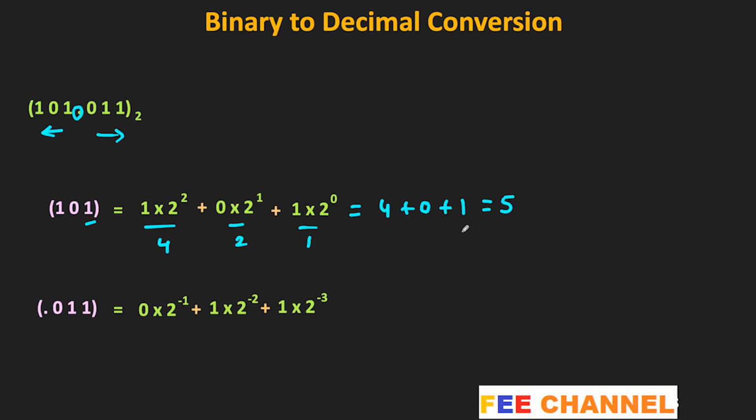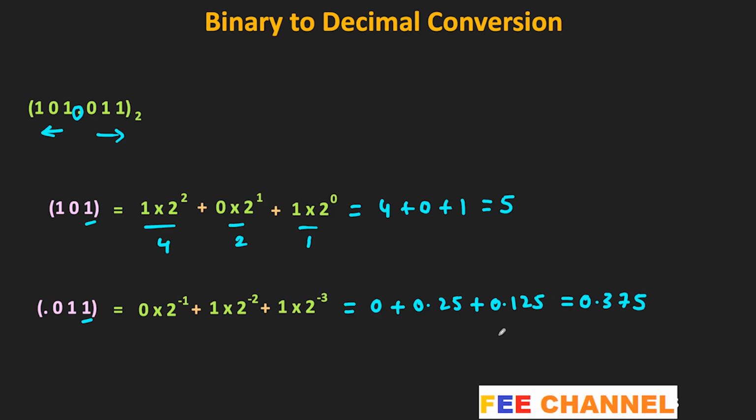Similarly, if we consider the number just after this binary point, then it is equal to 011. So, here this 0 will get divided by the factor of 2, while the next bit 1 will get divided by the factor of 4. And likewise, this 1 will get divided by the factor of 8.